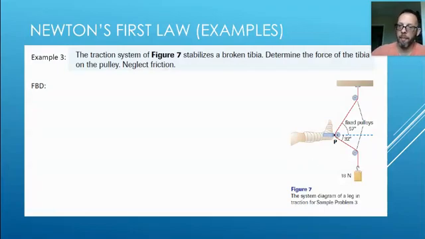While we're talking about that, let's just actually talk about what is that tension. Well, if we have this weight providing the tension that has a weight of 18 newtons, well, we think back to the last example, what must the tension in the string be?